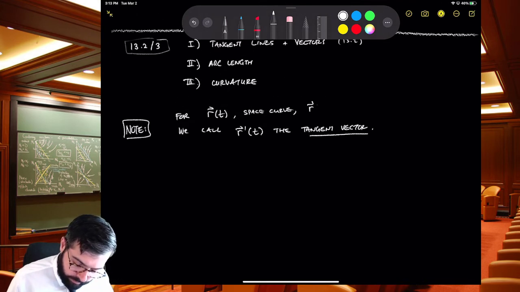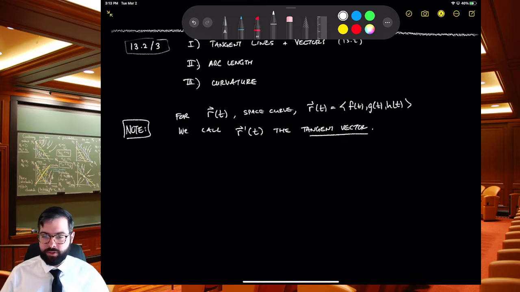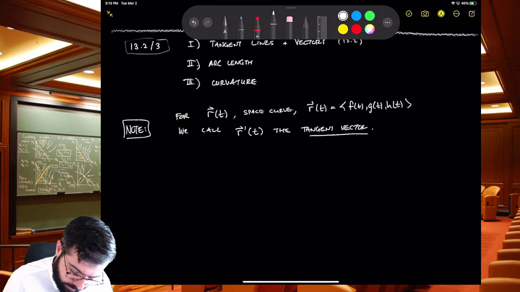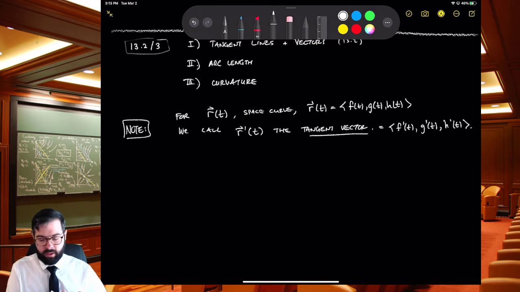Well, if r of t is f of t, g of t, h of t, its components are defined by some real valued functions. Then remember, this is given by each of the derivatives. It gives us the direction of the rate of change of r, as well as the magnitude, how much it's changing by. And that's at an instantaneous level. That's the power of calculus.